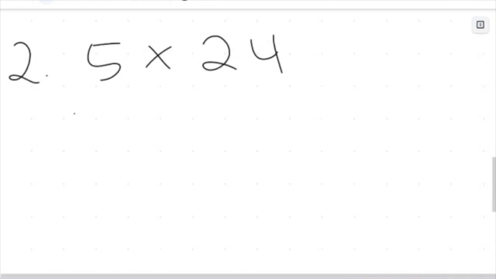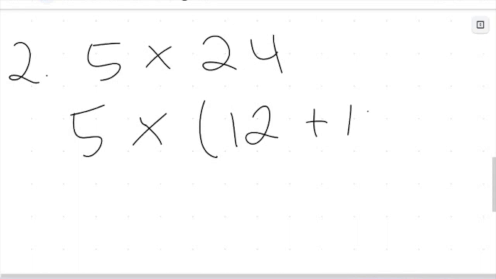So instead of 5 times 24, I'm going to write this as 5 times, and 24 I can make by doing 12 plus 12. Our times tables go all the way up to 12 in the ones we currently would have learned.